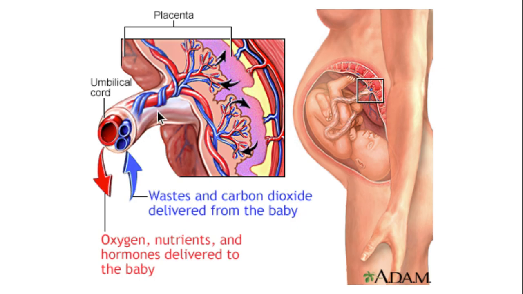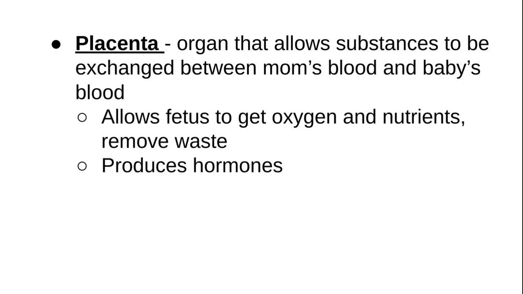The umbilical cord has artery and veins. And this is how waste and oxygen and nutrients get passed between the mom and the baby. And so then you can see here's the placenta blood cells, but here's mom's blood cells as well. So it allows the fetus to get oxygen and nutrients and remove waste.